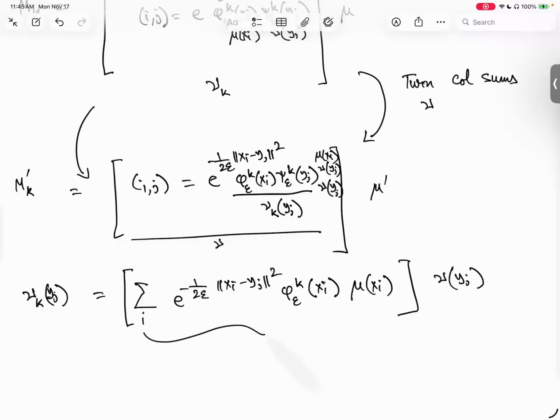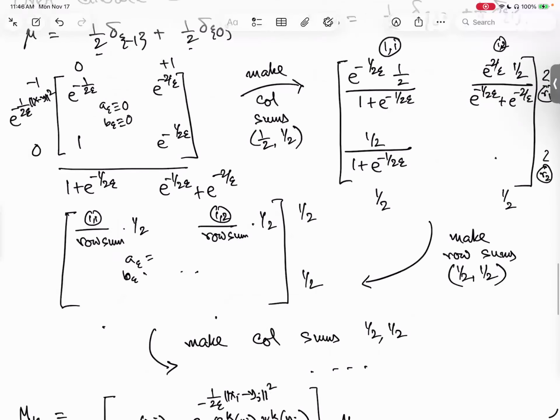Now, if you look into this term here, what do you see? What you see over here is that this is nothing but a discrete version of the Brownian operator R epsilon applied to the function phi epsilon k times mu. You have to normalize it by 1 over n, you have to multiply by the constants, but that's exactly what's happening.